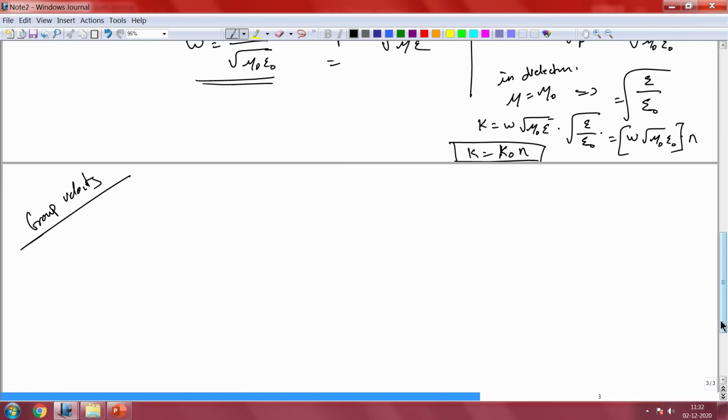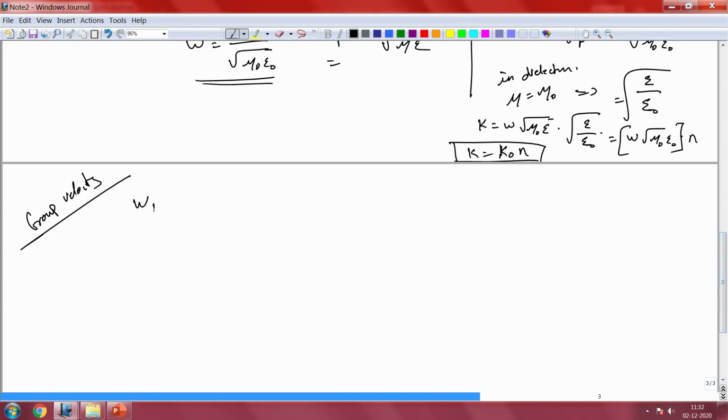More often we use pulses of light. Let's say you have a pulse of light in the time domain, you will have not a single frequency but multiple frequencies in the frequency domain. So a pulse in the time domain will have a broader frequency representation in the frequency domain.